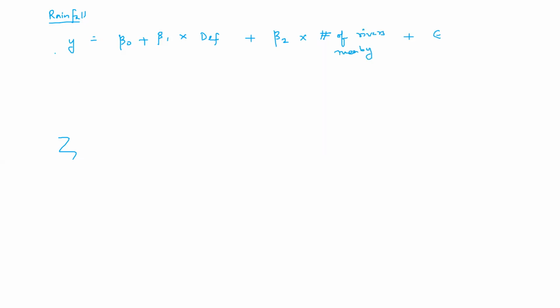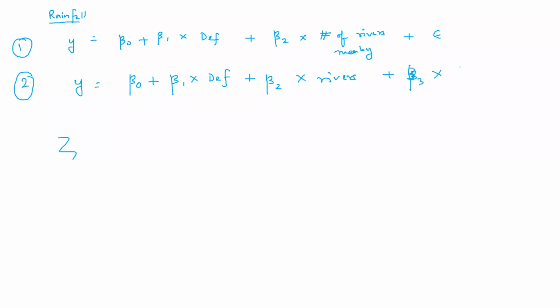This is model number 1. And another model, this is model number 2. Another model I have taken the same things, deforestation, rivers, plus I also got beta 3 into hours of routine sleep.